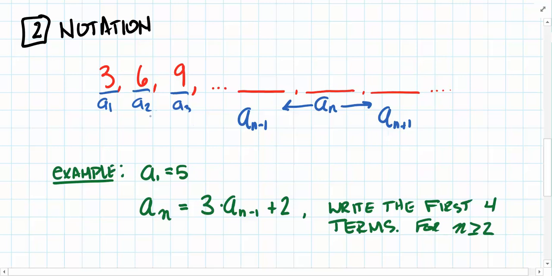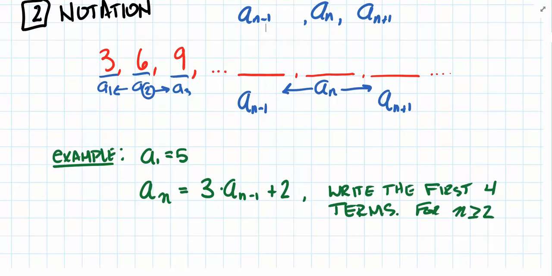Think about it. If I have a sub 2 here, then the term right before it is a sub 2 minus 1, which is a sub 1. And the term right after it is a sub 2 plus 1, which is a sub 3. So for any term a sub n in the sequence, the one right after it is a sub n plus 1, and the one right before it is a sub n minus 1. We need that to do this next example.